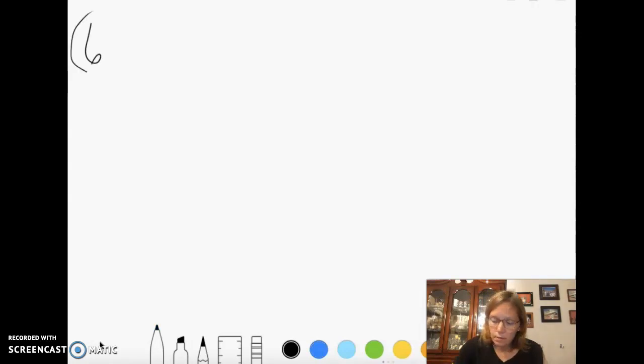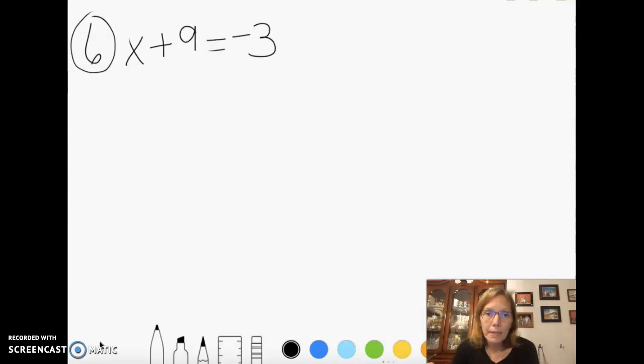Number 6. x + 9 = negative 3. So what's happening to x? Plus 9. I need to do the opposite. Minus 9. Whatever I do to one side, I have to do to the other. The plus 9 and the minus 9 cancel each other out.